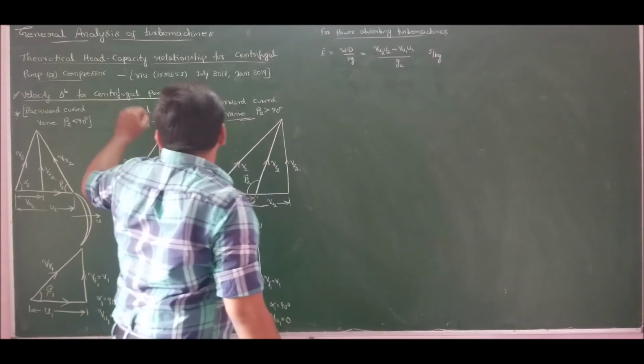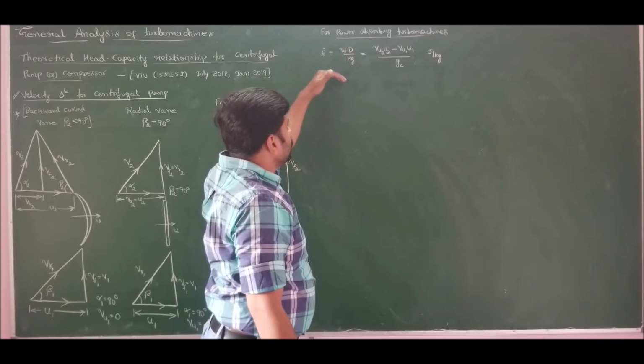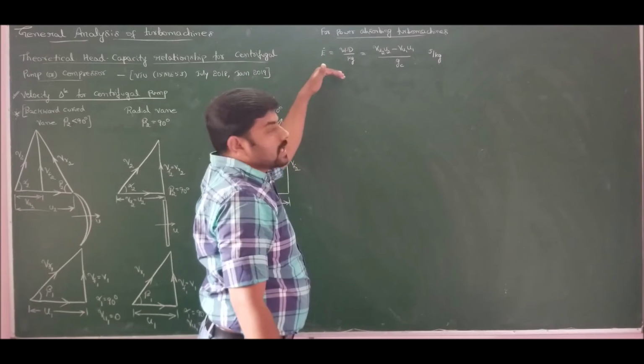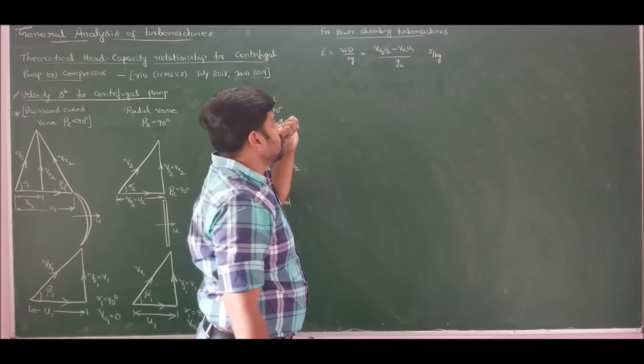But if you want it in head form, the head form of Euler's equation of energy transfer is obtained by dividing the energy transfer by acceleration due to gravity, that is 9.81.